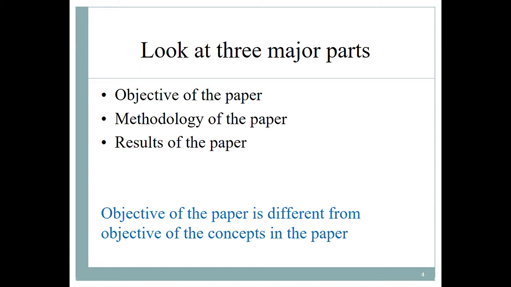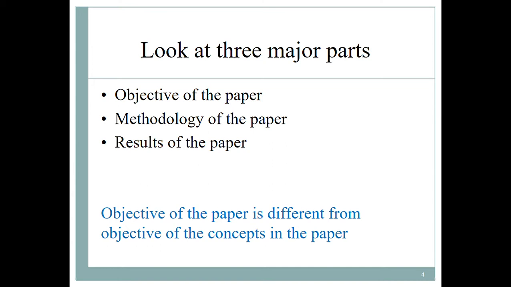And be careful, please, that there is a difference between the objective of the paper and the objective of the concepts in the paper. For example, I have seen a lot of students, when I ask them what is the objective of the paper, start talking about, for example, if the paper is about lean manufacturing, the concept of lean manufacturing and that it is for reducing waste and all that.